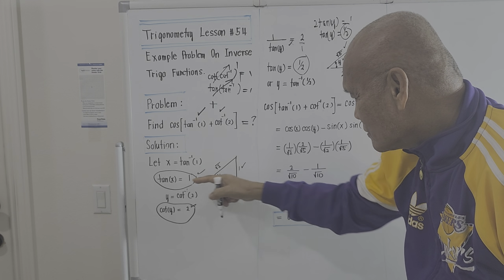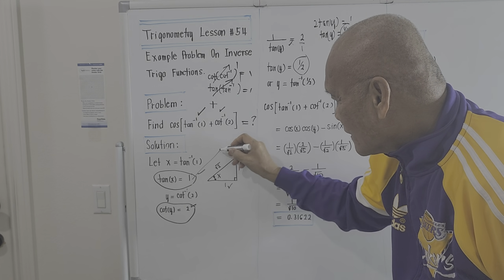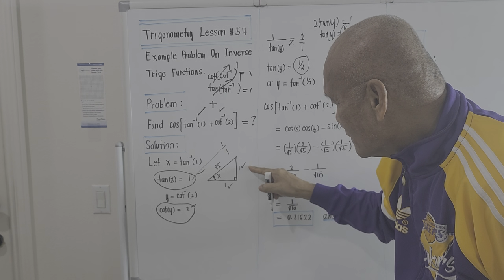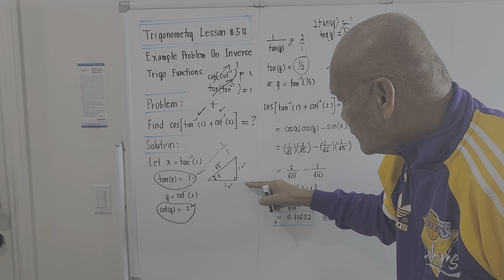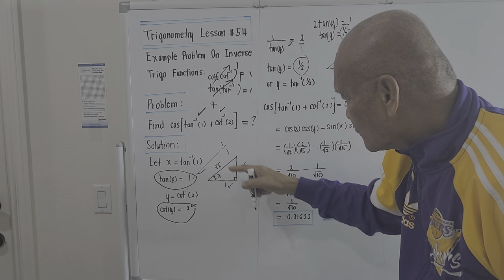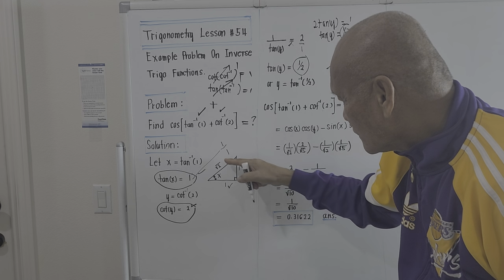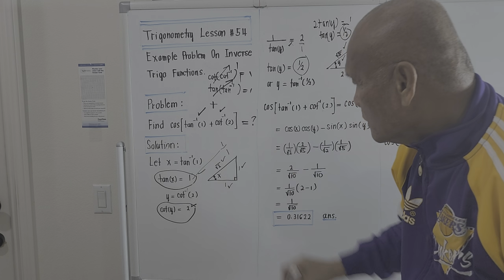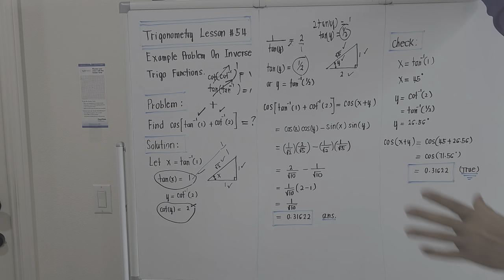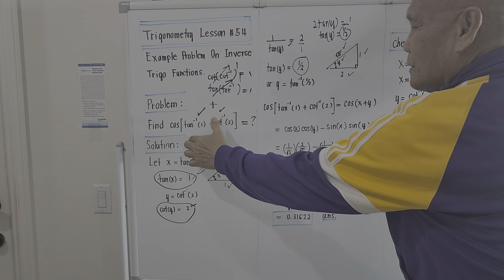If we compute for the hypotenuse, it will be the square root of 2, that is 1 squared plus 1 squared. Okay, let's go back to the original problem.